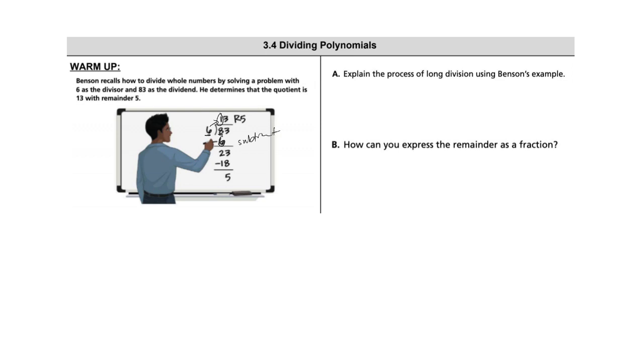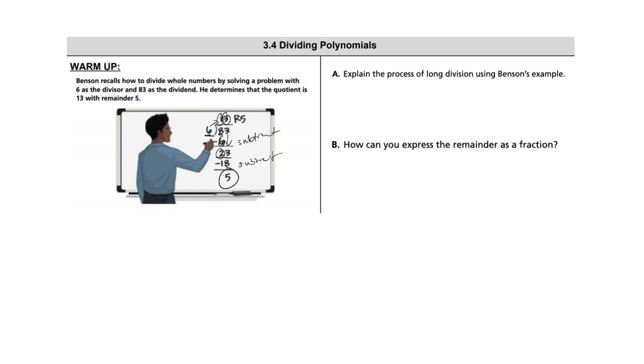You get a remainder of 2, bring down the 3, so 23 is the next one you're trying to find. How many times 6 goes into 23? 3 times, which is 18. Then again you subtract, and we have a remainder of 5, because obviously 6 cannot go into 5.